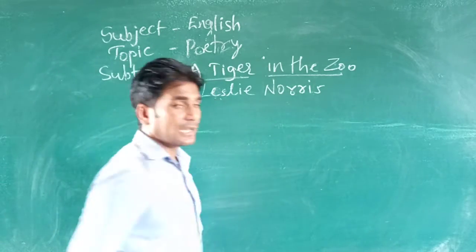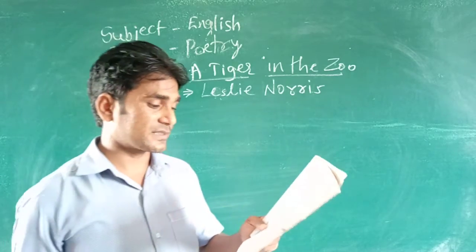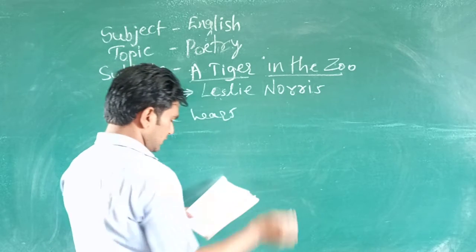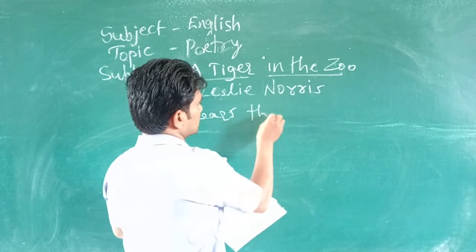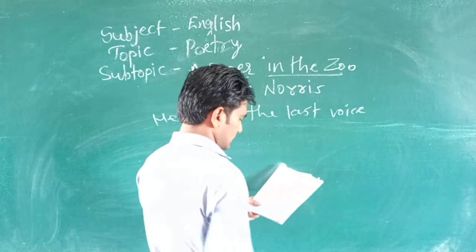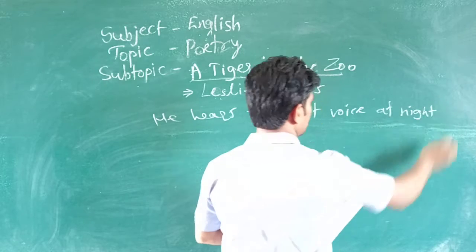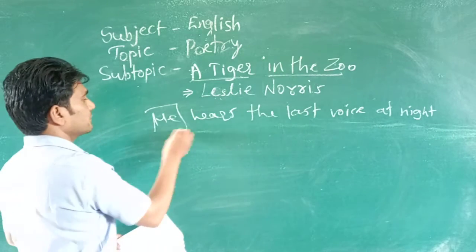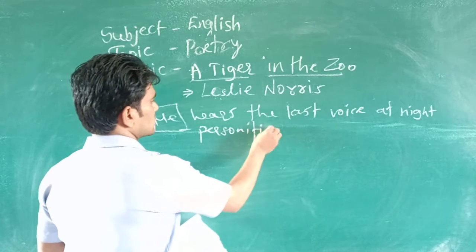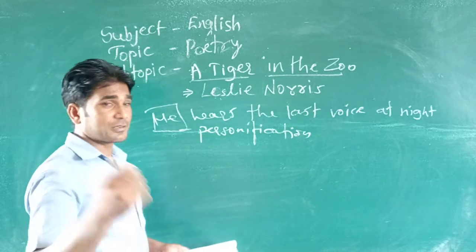Then let's see the poetic devices, meaning figures of speech. He hears the last voice at night. So here again, personification, as we have discussed already.